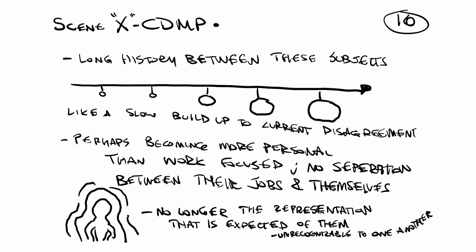On your page 16, I believe, right before you go on to Focus 2, you're describing Scene X, and you describe that there's this long history between these subjects, and this slow buildup of the current disagreement that you're probing into. That sounds very interesting, because it sounds very much like this long history between people in government and the other people who are just changing things.